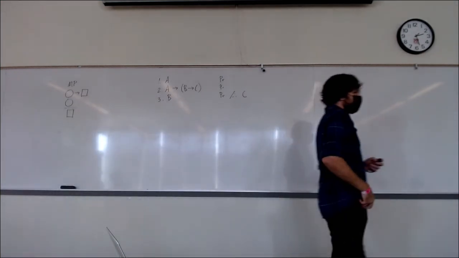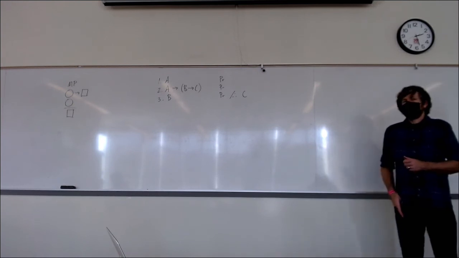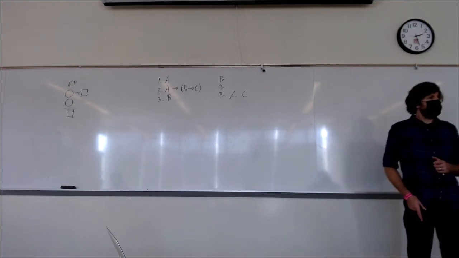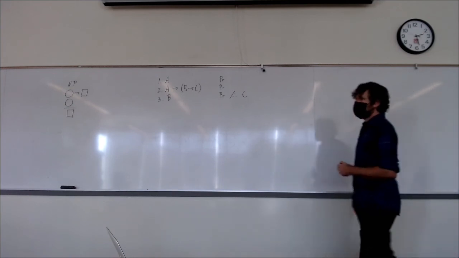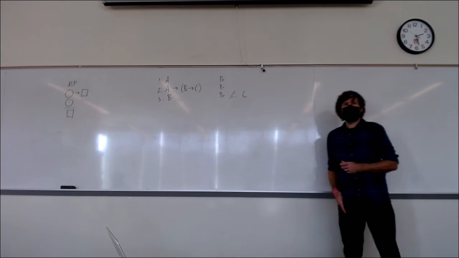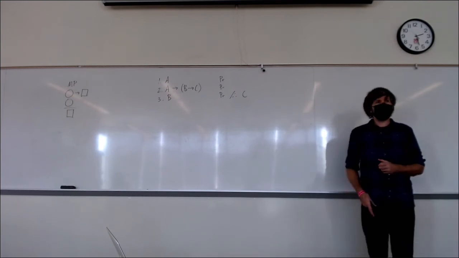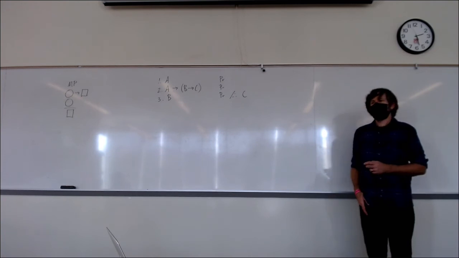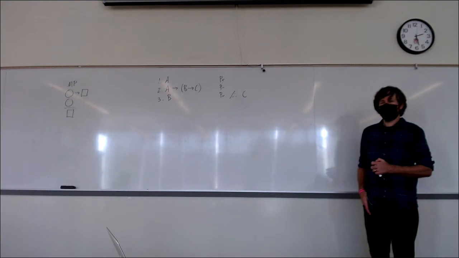This is the first form you should try to memorize. Since there's only one rule of inference, that's all you're looking for: instances of modus ponens, or how you can use modus ponens given the lines you have in your proof.